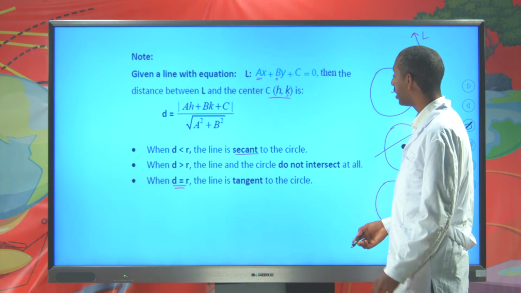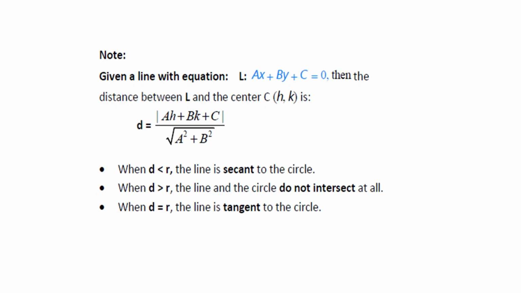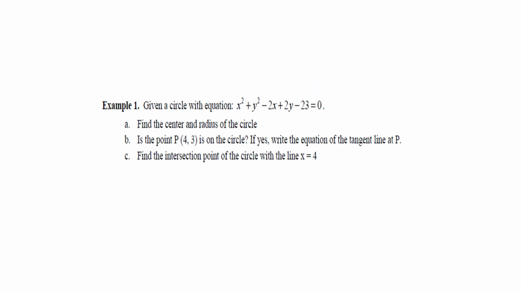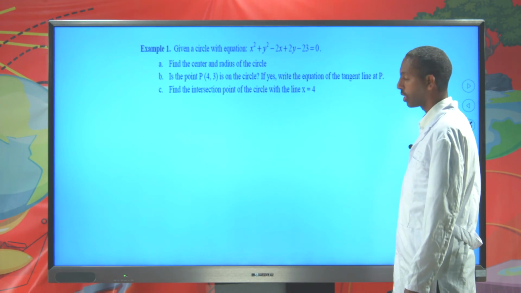So those are 3 relationships between a given line and a circle. And you can easily see their relationship, whether they intersect at 2 points, or do not intersect at all, or intersect at exactly 1 point, using this formula. Good. So in this example given, x squared plus y squared minus 2x plus 2y minus 23 is equal to 0. Now we are required to find the center and the radius of the circle.